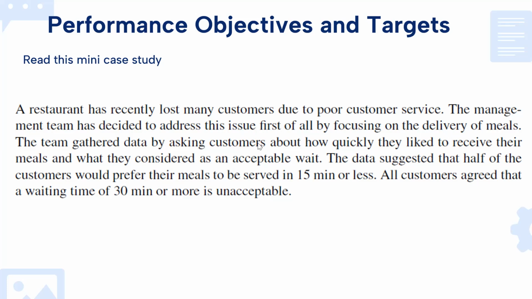So they are identifying the process performance measures, or the baselines of the KPIs. Okay, so customers were asked how quickly they like to receive their meals and what they consider an acceptable wait. So they identify their acceptable wait, like a cycle time or throughput time. The data suggested that half of the customers would prefer their meals to be served within 15 minutes or less.